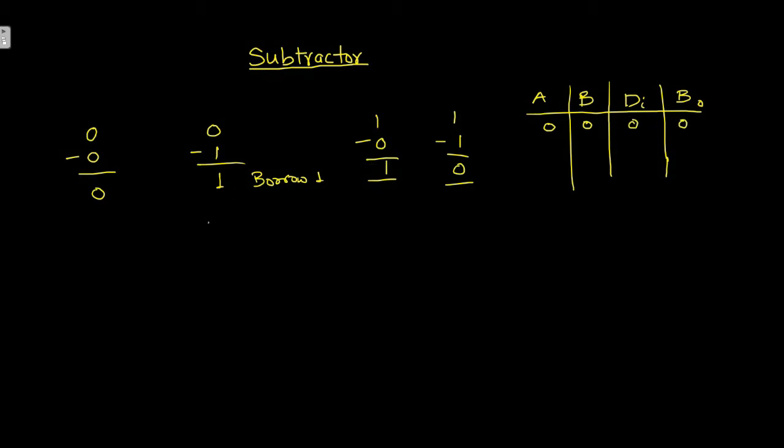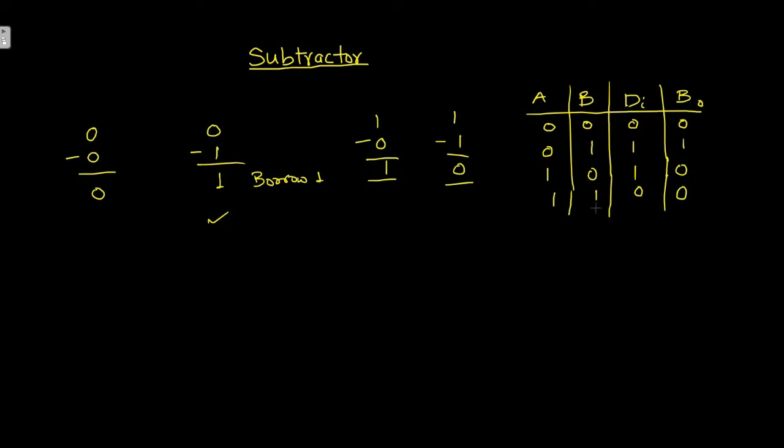But in case of 0 1, there is one borrow, so the answer is 1, because there is one borrow. For 1 0, the answer is 1, no borrow, and for 1 1, the answer is 0 with again no borrow.